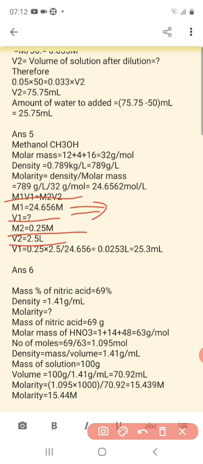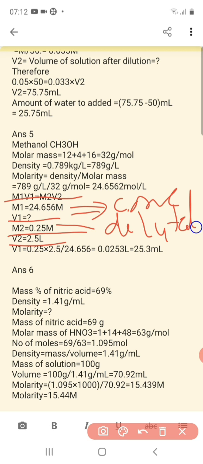Here this one is the concentrated solution and this one is diluted. So you have to carry out the dilution only. For dilution, in the question M1 and M2 should be given.